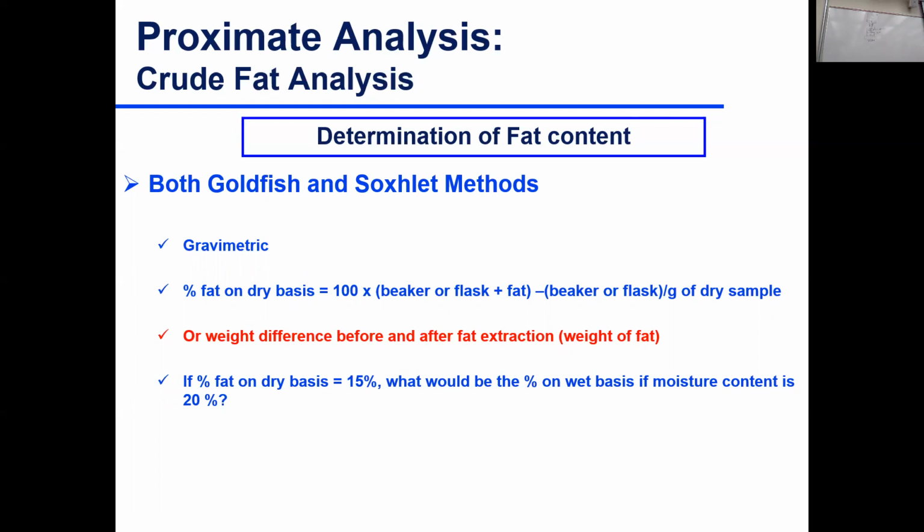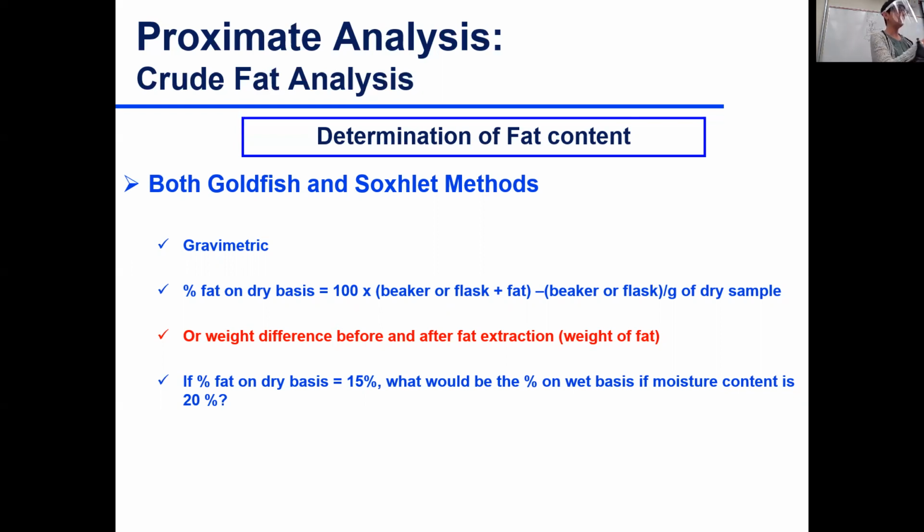All right, on that same sheet of paper, let's do some math. And this math will be used for your lab report. In the lab report, you'll do the same calculation. If percent fat on dry basis equals 15%, what would be the percent on wet basis if moisture content is 20%? You're actually going to do a similar calculation because for cheese samples and Soxhlet analysis, we pre-dry.